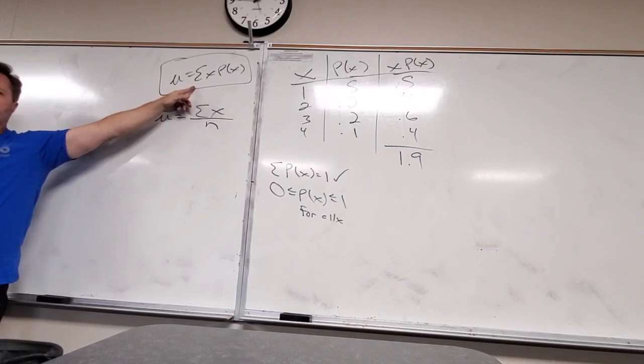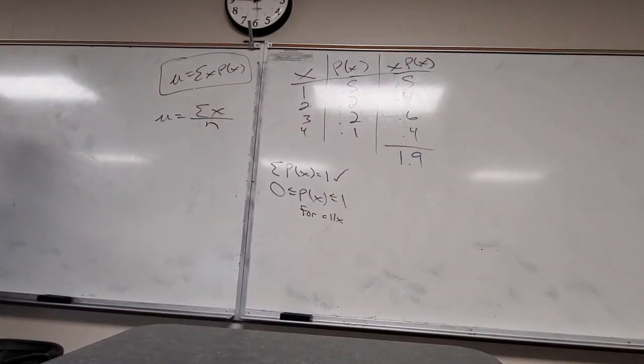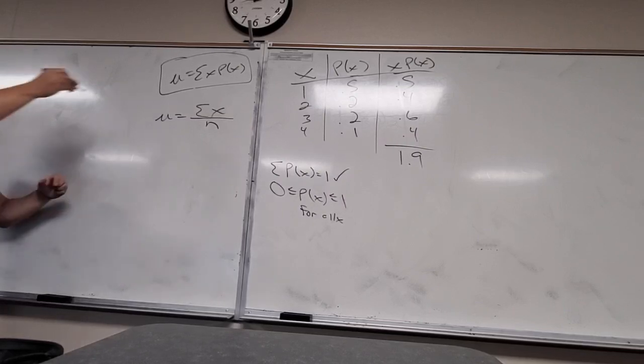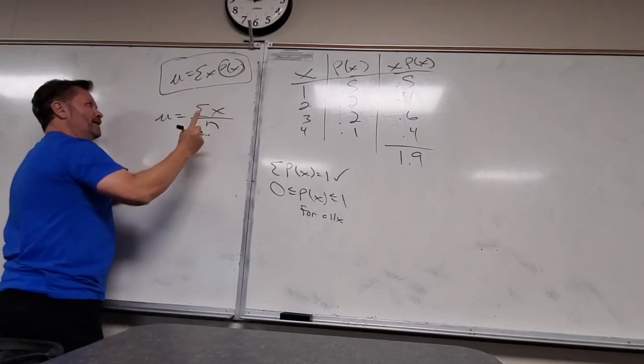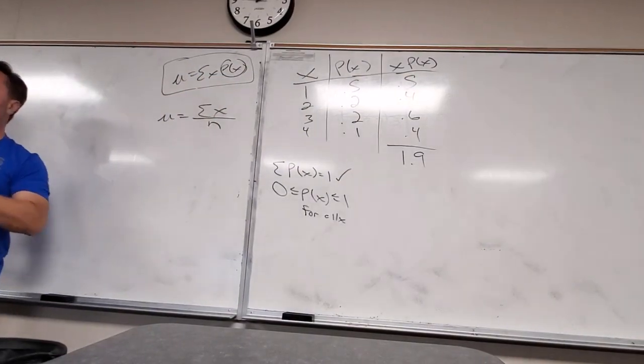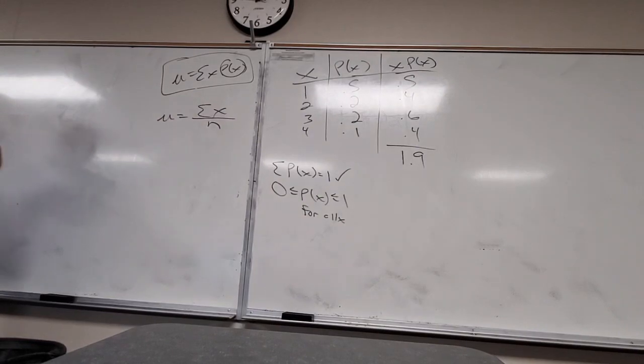What's on the bottom of every probability? What was probability? The number of things that match what you're looking for divided by the total number of things. I really want you to get this. Doesn't a probability have over n built in?